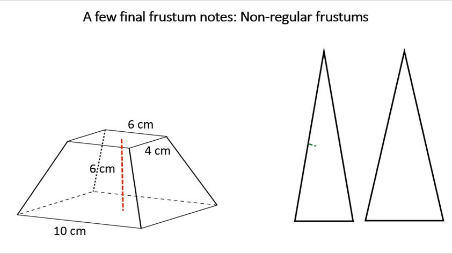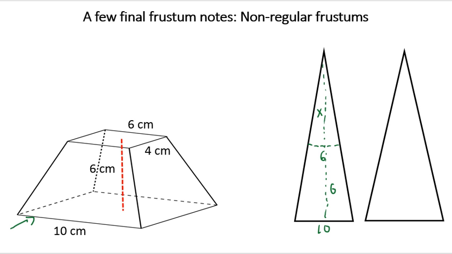We've got 6 here. I'm looking at it essentially from this side right here. I've got 10 on this base. I've got 6 to go from there to there. We'll call this portion of what was removed X. And again, you have similar triangles.